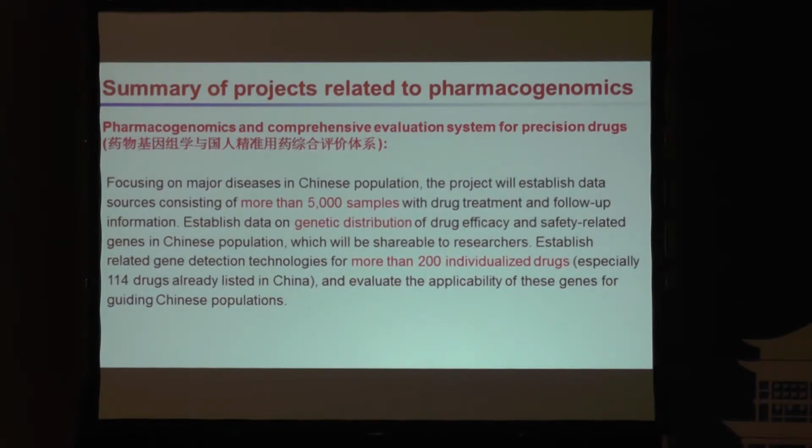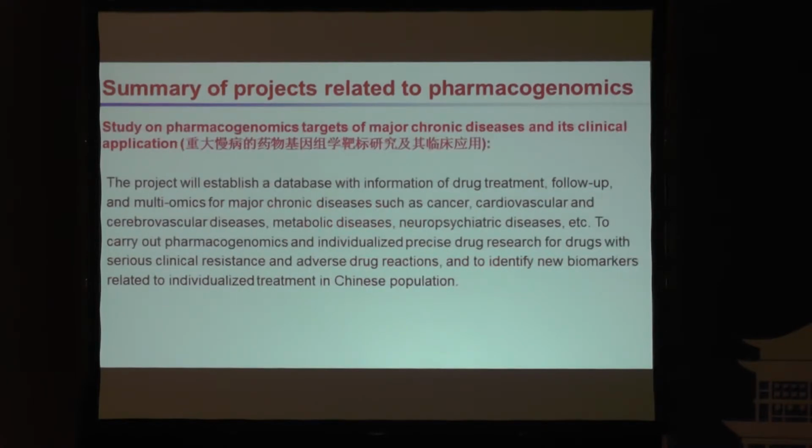The project will also plan to establish the gene detection technologies for more than 200 drugs. While the other project, named Study on Pharmacogenomics, targets a major chronic disease and its clinical application. The project will establish a database with information on drug treatment, follow-up, and multi-omics for major chronic disease.